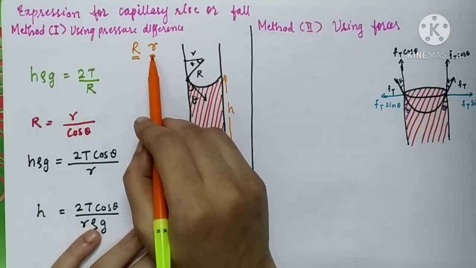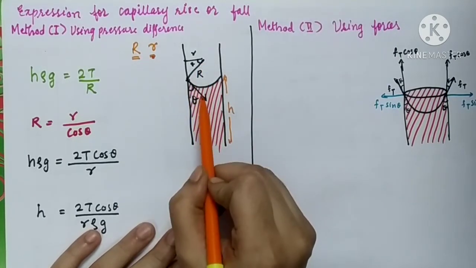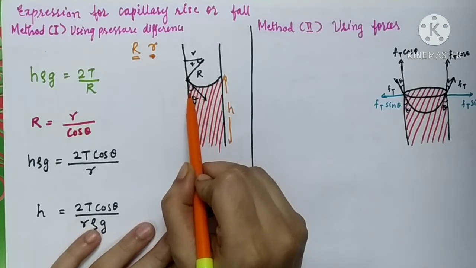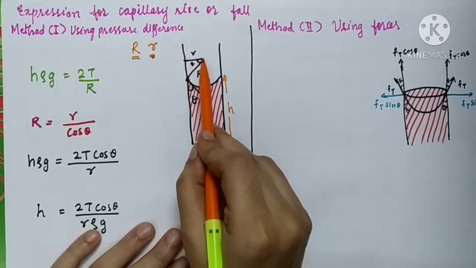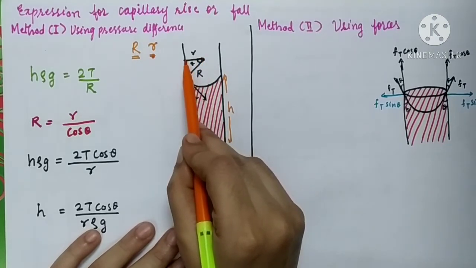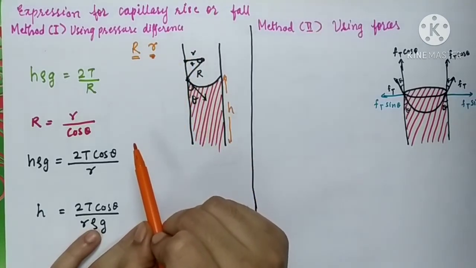Radius of the capillary tube is small r. It is the distance between the center of the capillary to its edge. So here we have drawn this small r, from the center to the edge of the capillary. This small r is the radius of the capillary tube.